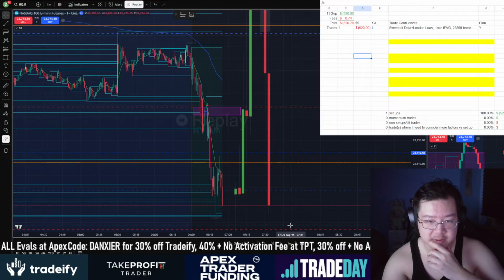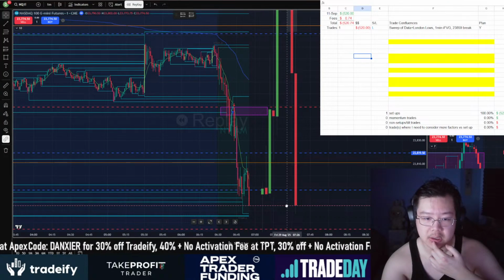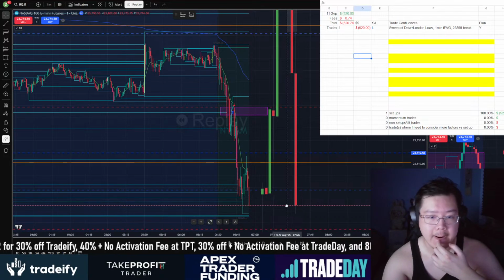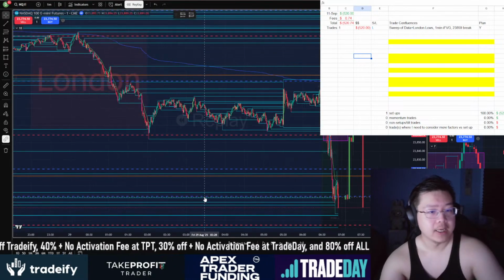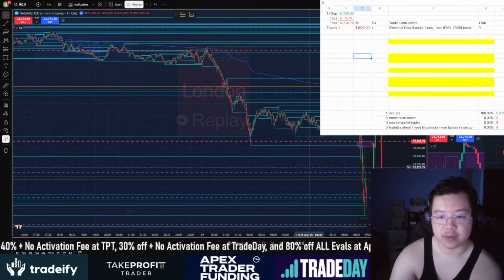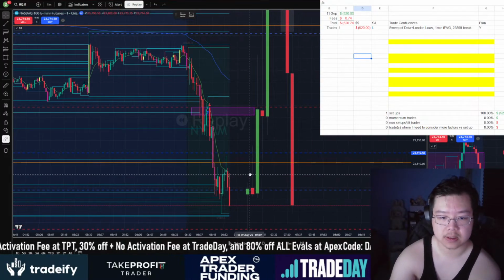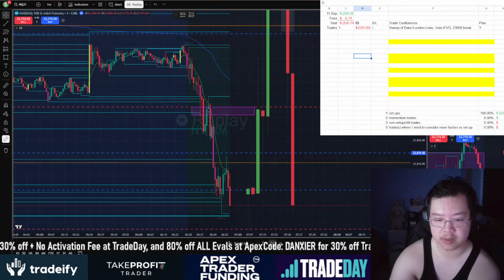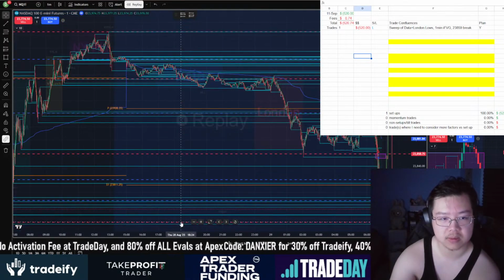Another inversion, but I don't know if I want shorts. I just wish I could take my bias with it. That's the thing that sucks. Based off this I have another short here, but I don't know.